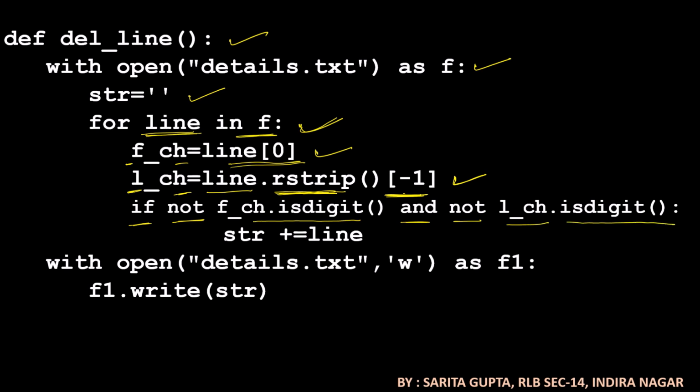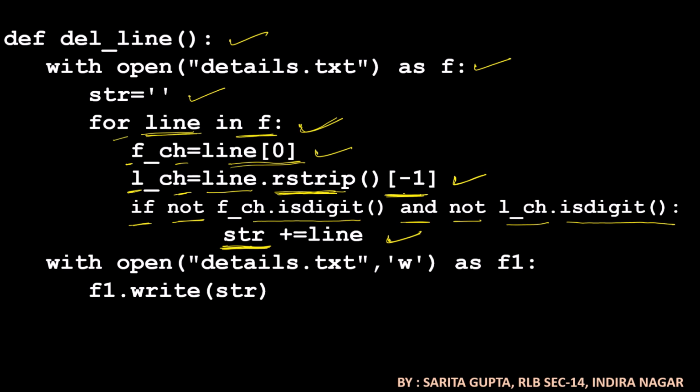If the first and the last characters are not a digit, we'll store that line in the variable created by us as str. So concatenating the value of line into str will store the entire line of text including the \n for the line not starting or ending with a digit.